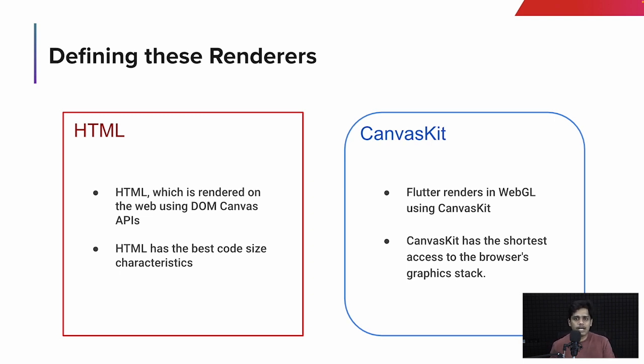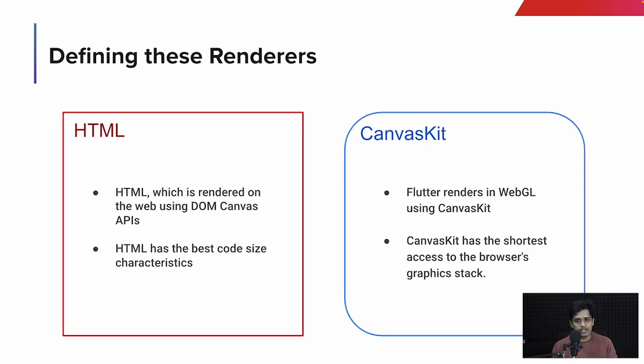But for the rendering part, there are actually two types of renderers. One is the HTML, and the other one is the CanvasKit, right? The HTML renderer uses something called canvas APIs, right? So it is going to call those APIs and fetch them, and then display it on the screen.